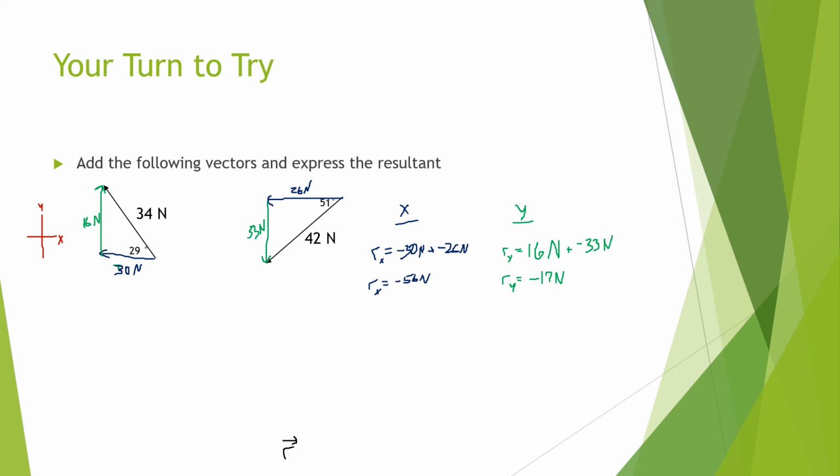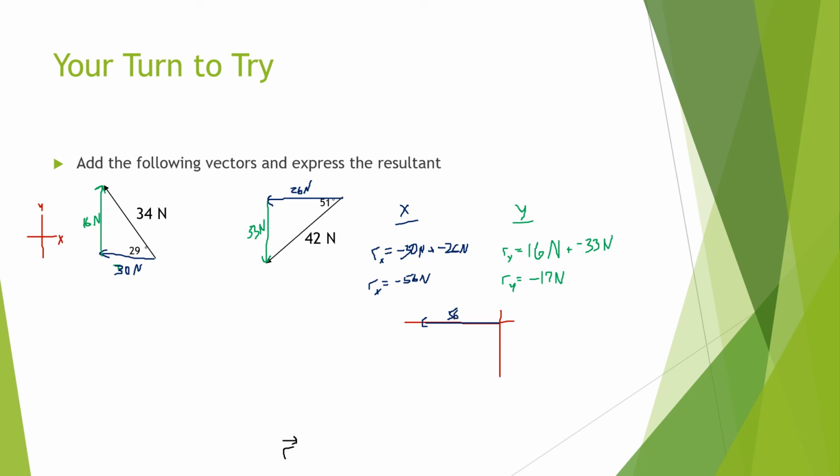And looking at this, both of my components are negative, which means that quadrant 3 is where my vector is going to be. So when I draw this out, I'm going to make quadrant 3 the largest part of it. The x component is negative 56 newtons, so a little more than 3 times the length of the y component.